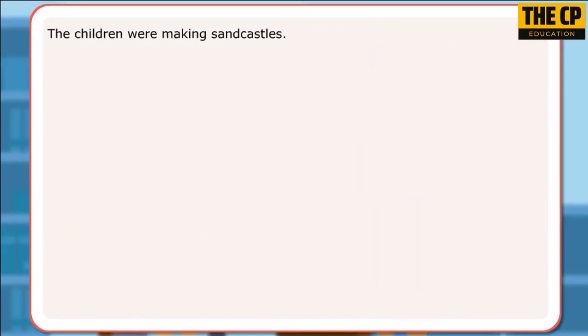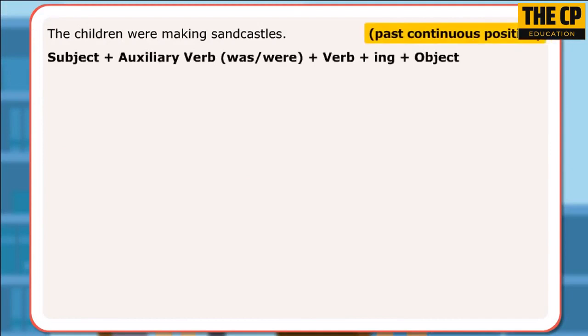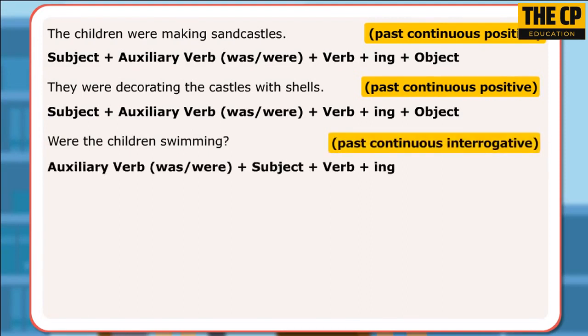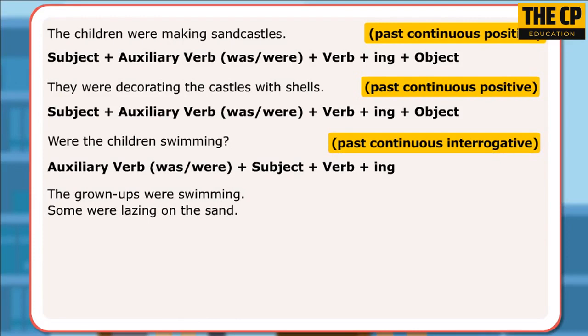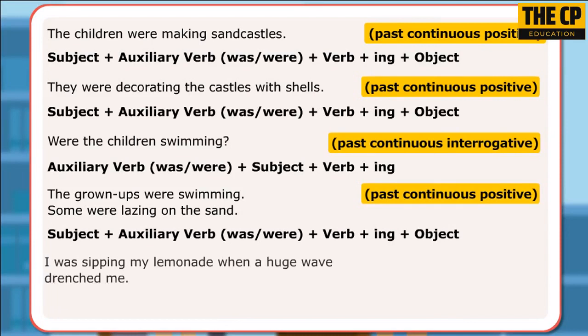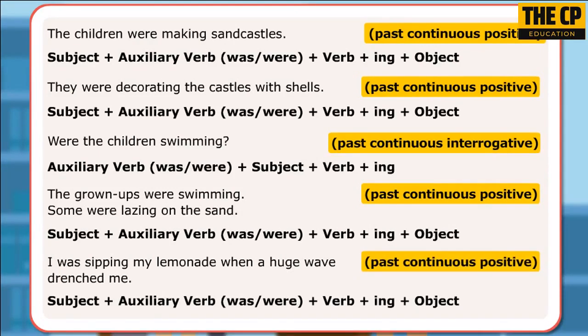The children were making sand castles. Past continuous positive. They were decorating the castles with shells. Past continuous positive. Were the children swimming? Past continuous interrogative. The grown-ups were swimming. Some were lazing on the sand. Past continuous positive. I was sipping my lemonade when a huge wave drenched me. Past continuous positive.